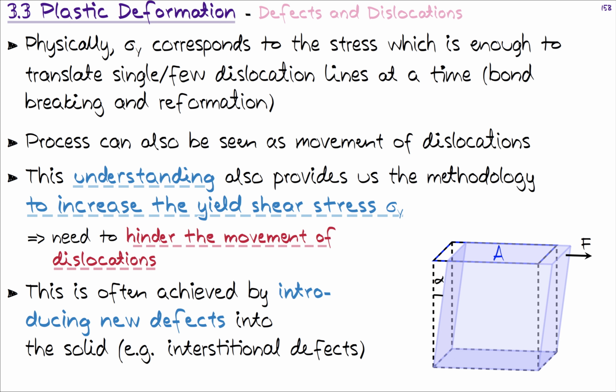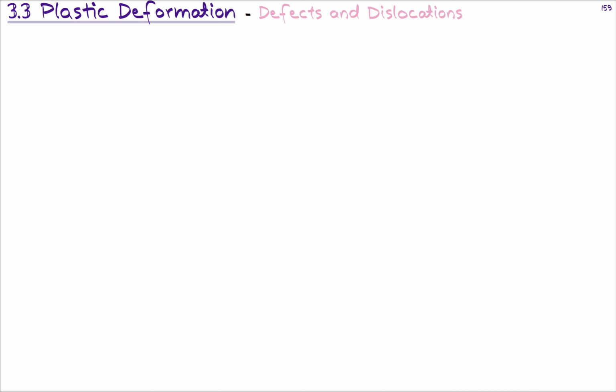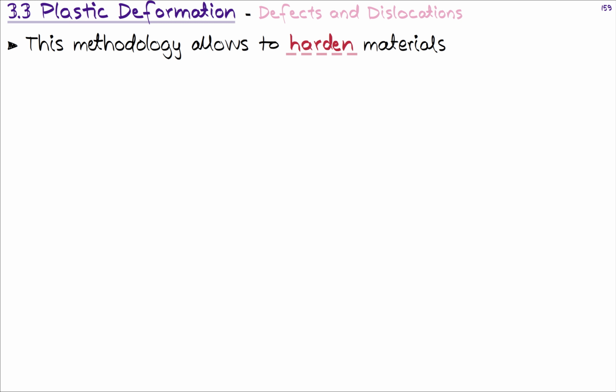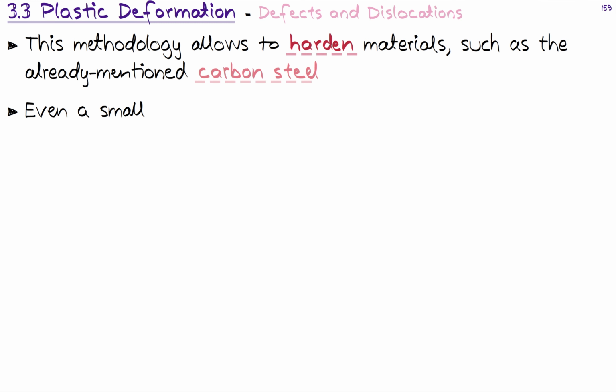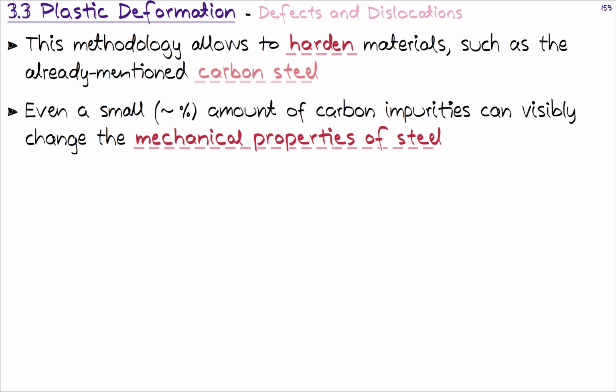And that requires more energy, and that makes the process less probable to take place. And like I said, this is an approach that can be used to harden materials, for example carbon steel. Basically, even a small few percent amount of carbon impurities can visibly change the mechanical properties of steel.